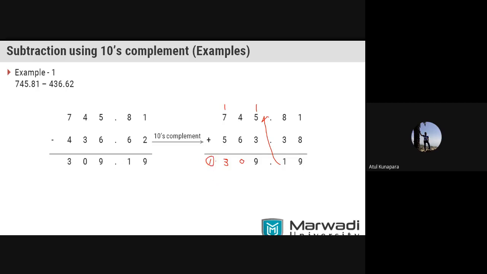So in this case, in the 10's complement form method, what you have to do is whatever carry you are going to obtain, that carry we have to ignore. Right? Understand this thing again.